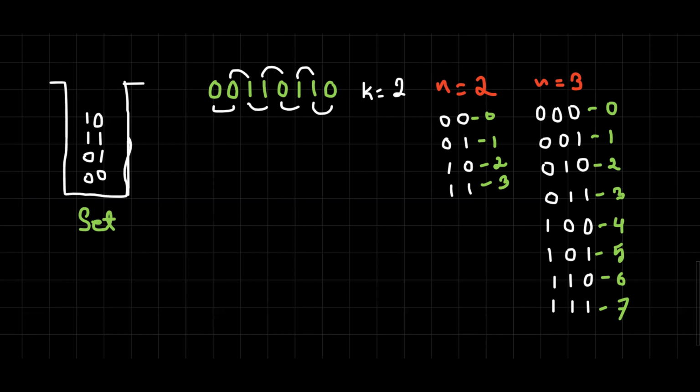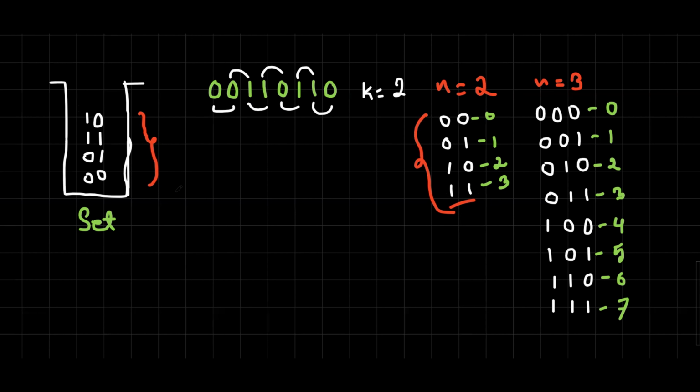Now wait. Did you find some pattern? Just look at this set. Here in the set, all of the elements are binary codes of length 2, or k equal to 2. That means we can say that for length 2, our set contains all of the binary codes of length 2.